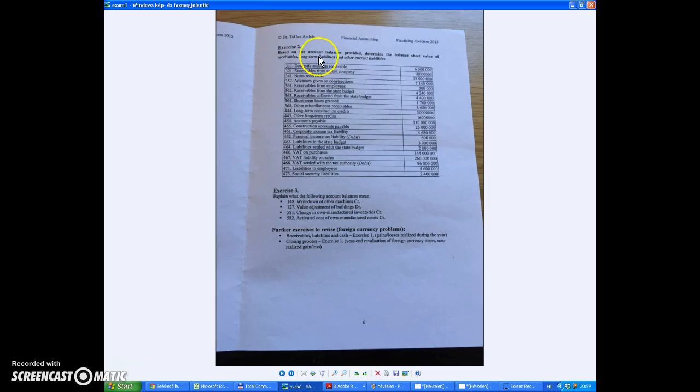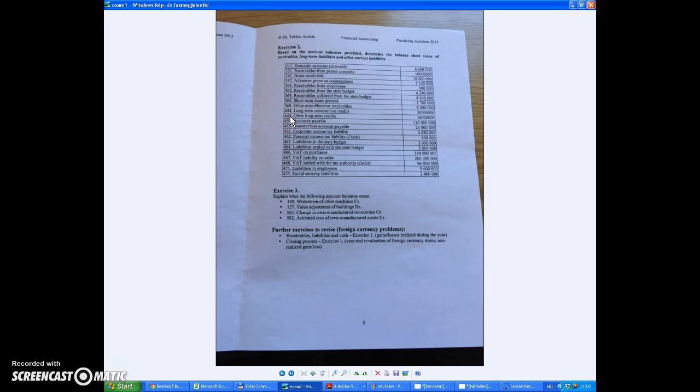But it's a little bit more tricky to decide whether an account belongs to receivables or other current liabilities. Well, one can say that if it starts with a 3, then it belongs to receivables, and if it starts with a 4, it belongs to other current liabilities, except the entries starting with 44.